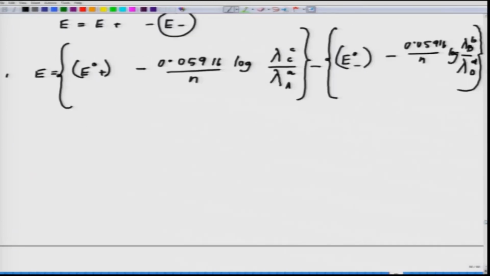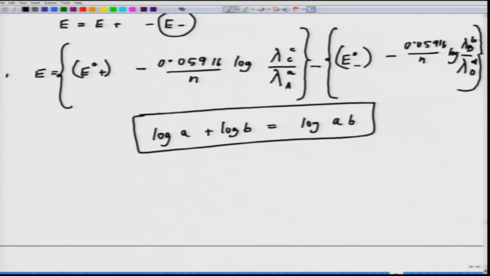Now, we know that log A plus log B is equal to log AB. This relation we are aware of. If we know this relation, so essentially this term and this term are basically very similar to this.